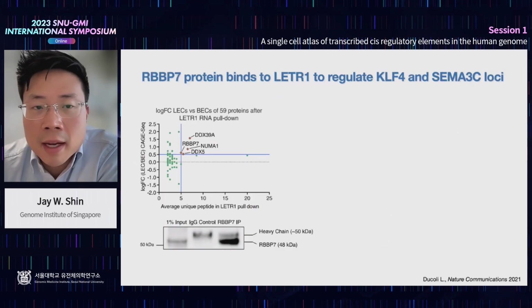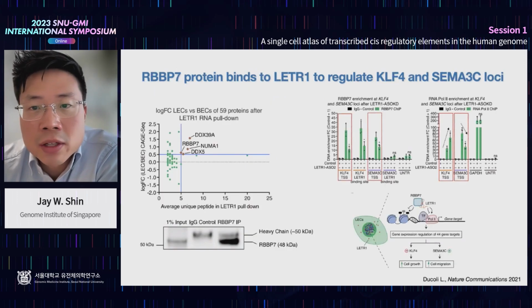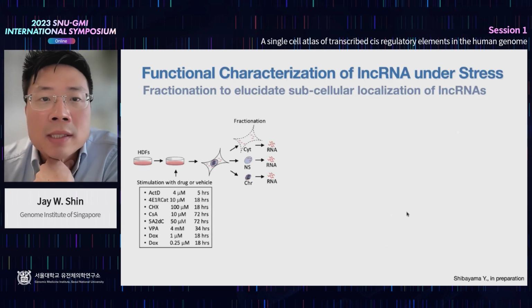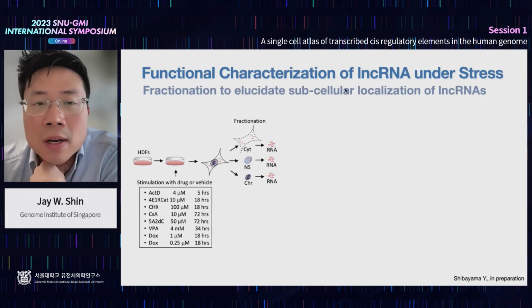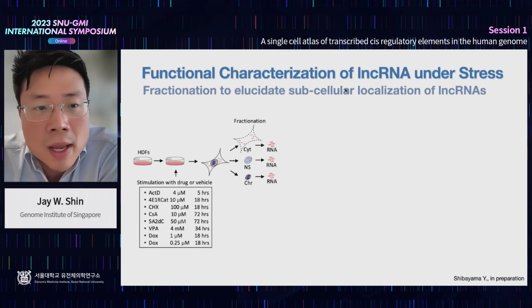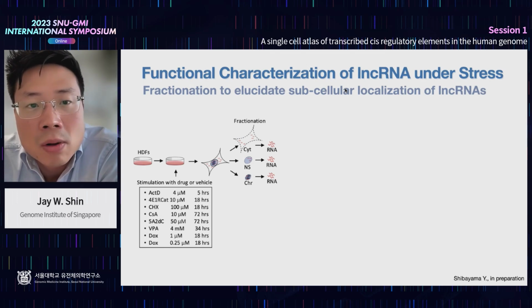But we were interested in the functional readout, but we were also curious about the subcellular localization of the non-coding RNA. And this is rather interesting because non-coding RNAs play a key role not only in the nucleus, where I've just shown with the previous example, but they can also regulate in the cytoplasm by modulating translation.